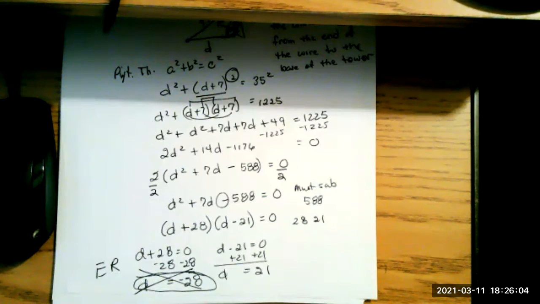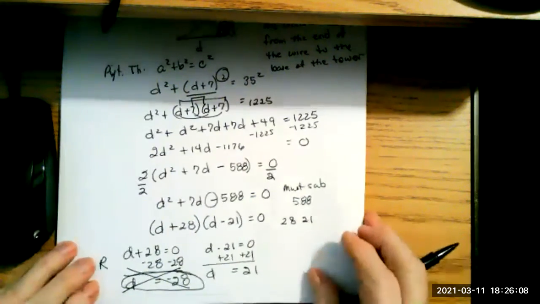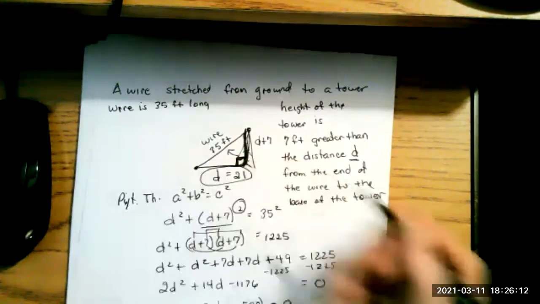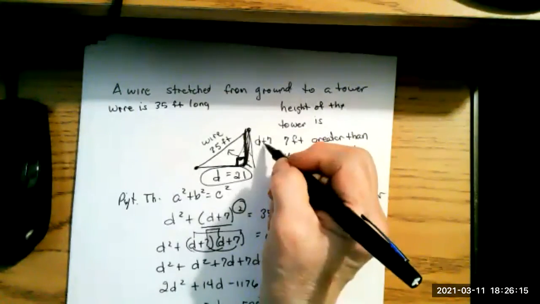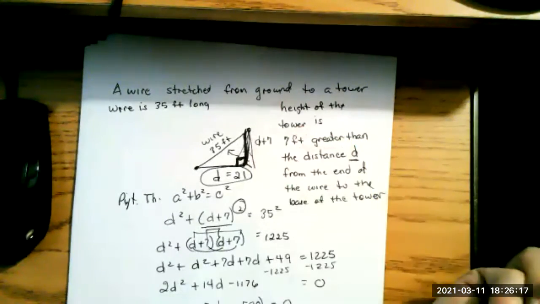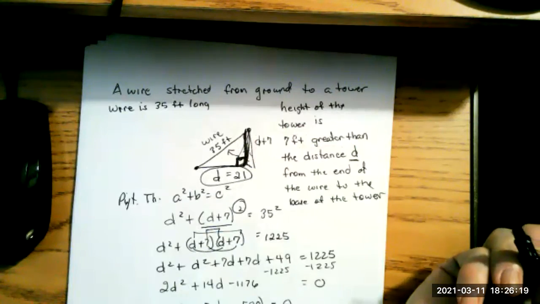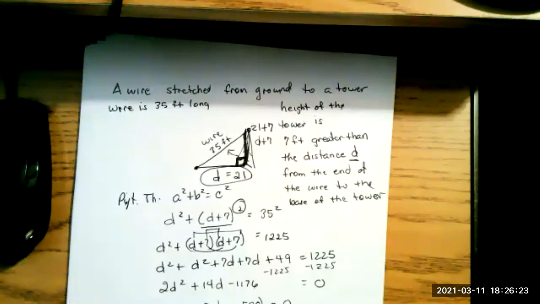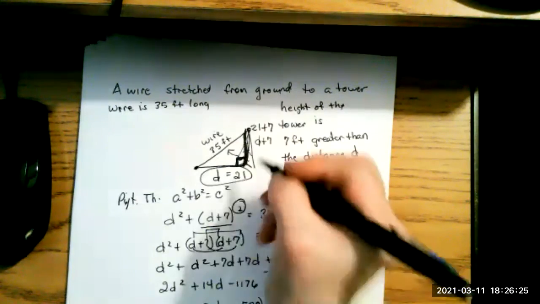But there is a relationship between this and this one. You'll see what happens. So if the distance across the bottom is 21 now, what do I have to do to get the height of the tower? Put 21 in for D. So what is 21 plus 7? 28.